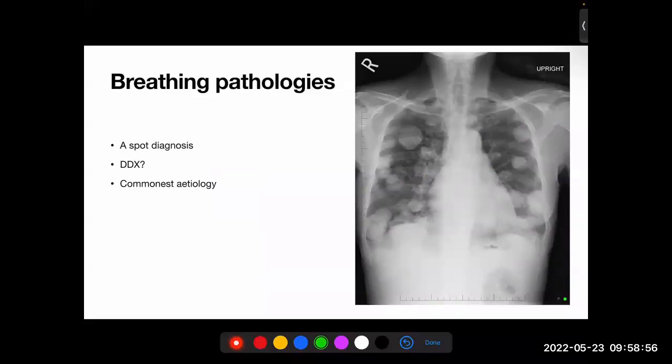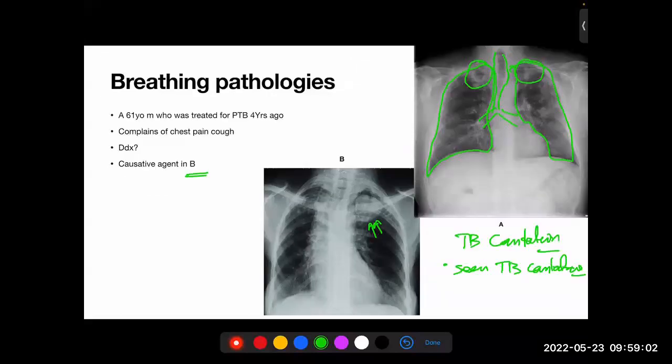Doctor, I have a quick question. Sorry for the interruption. No problem. There are instances where you can have an aspergilloma without the context of HIV, for example on immunosuppressive therapy.